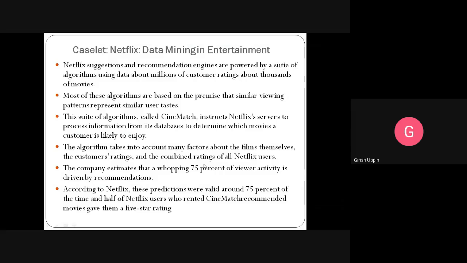The company estimates that a whopping 75% of the viewers' activity was driven by the recommendation. So you can see that many viewers rely highly on the recommendation.